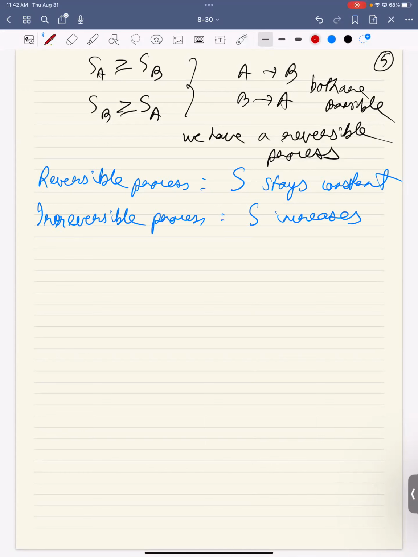So what I said, let me, yeah, go ahead. So you prepared it in some equilibrium state, and it can go to some other equilibrium state.